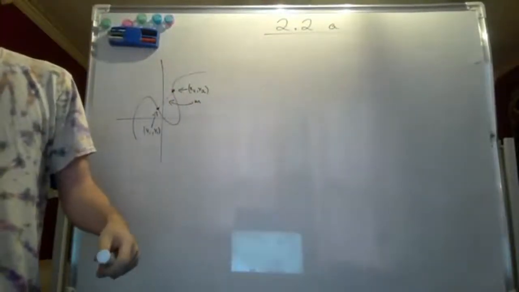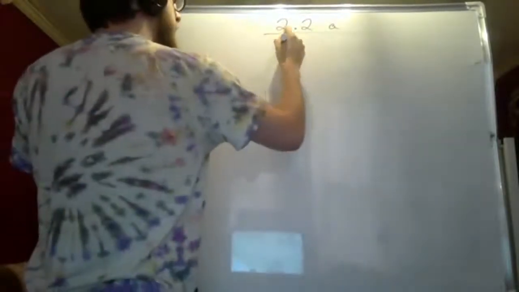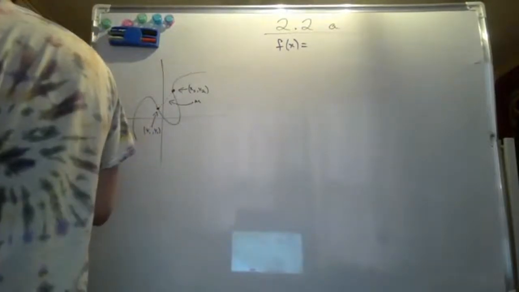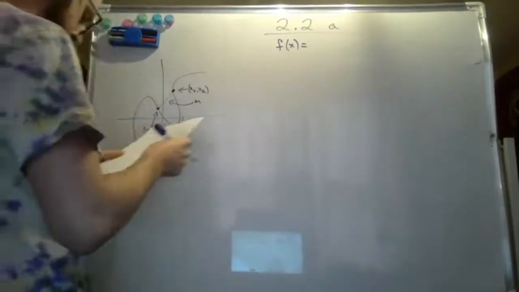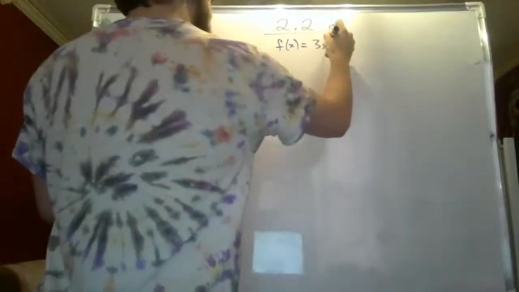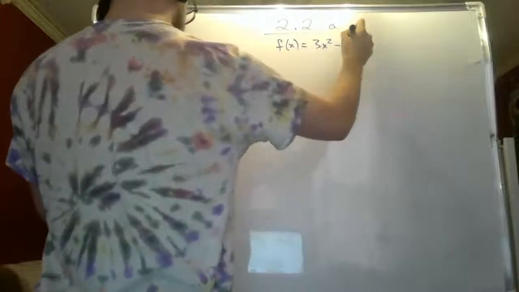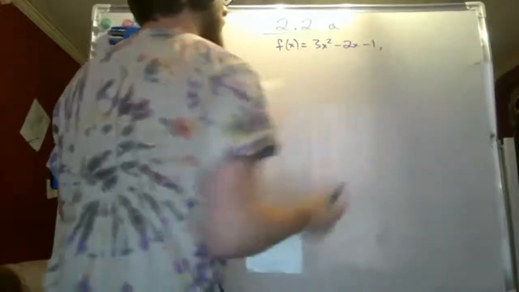So for our first example, we have f of x is equal to, let me make sure I copy this correctly, 3x squared minus 2x minus 1.